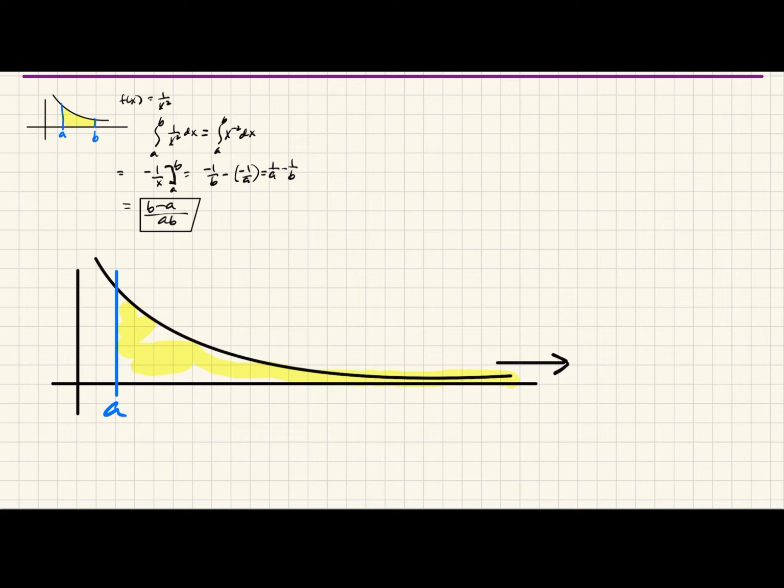And that problem is that if I do this integral, 1 over x squared, I start at a and then I go to infinity. That makes no sense at all when we talk about finite limits, right? Because that's what's supposed to happen with a definite integral. That's called a definite integral.